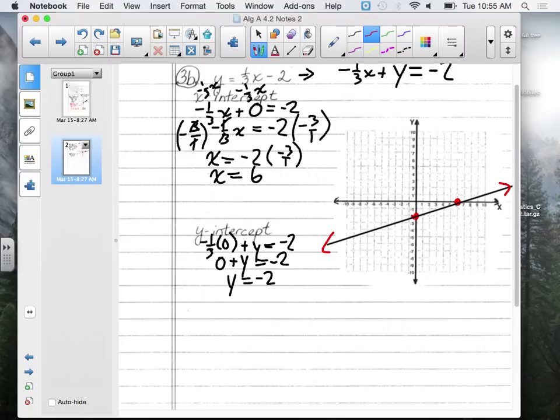Like if we plug in a really big x value, like 100, we would get some sort of value, but our graph only goes to 10. So we extend it to show that it goes on forever. All right, so does anyone have any questions about graphing with x and y intercepts?